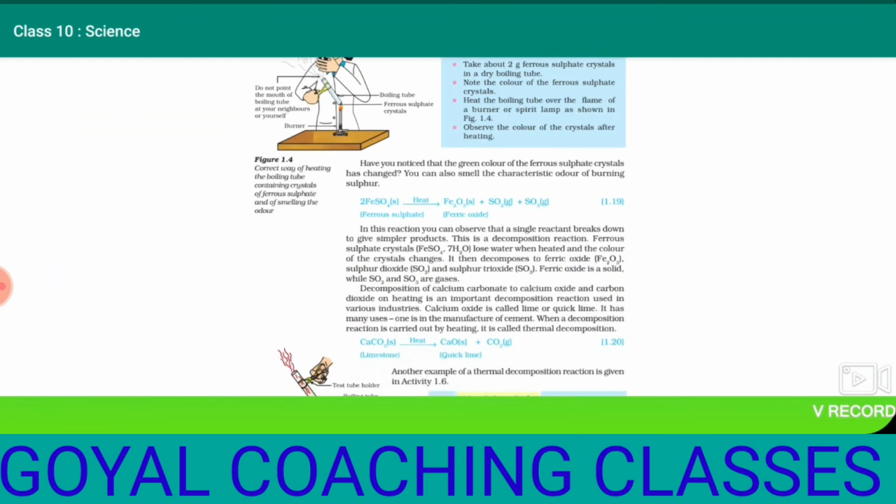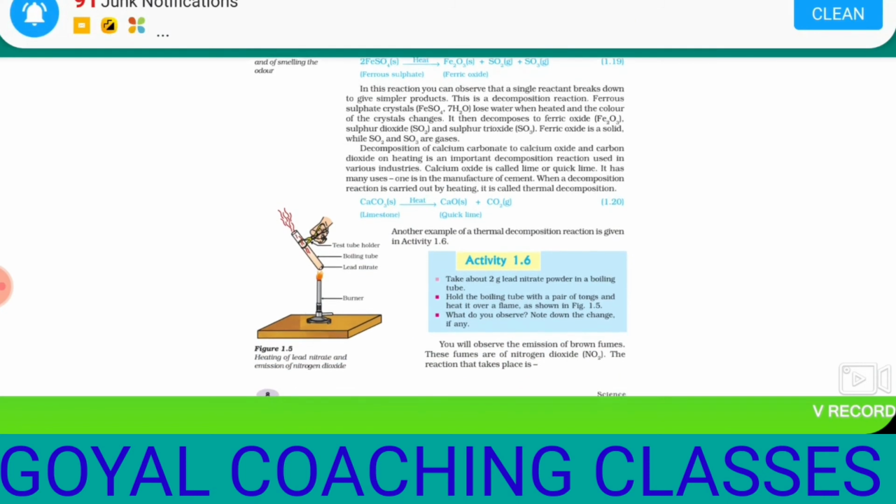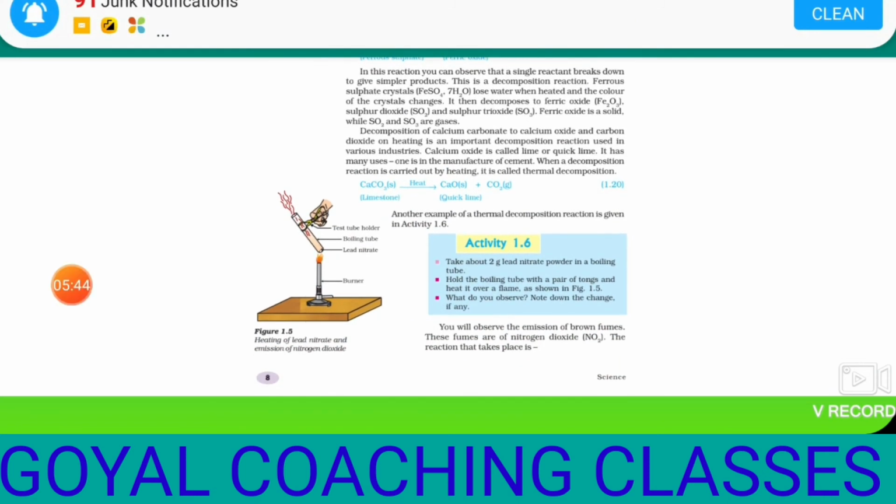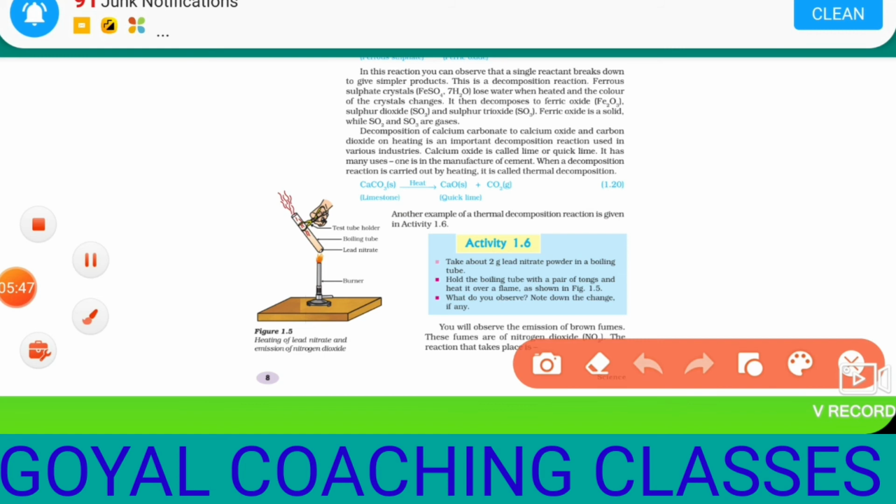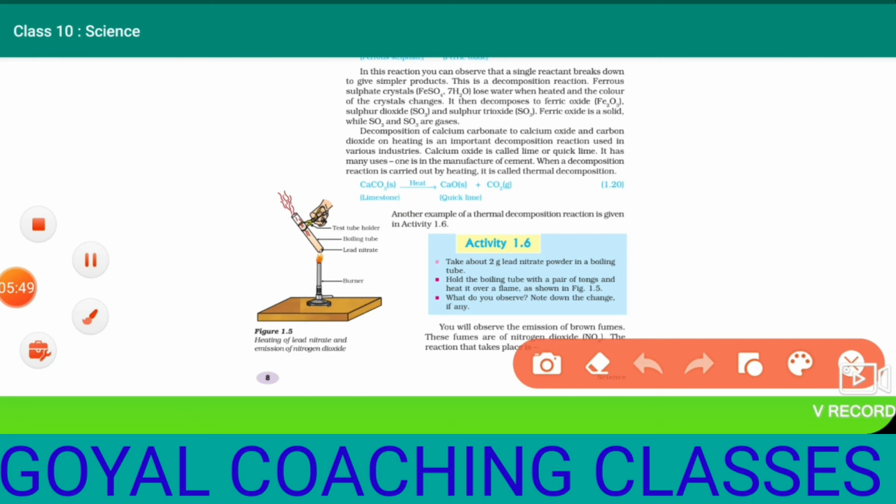Okay students, now after that they have written the same thing: in the above reaction also, a single reactant is broken down into simpler products, and that is why it is called a decomposition reaction. Now they have also given you the formula: ferrous sulfate crystal FeSO4.7H2O, when it loses water by heating, will change to FeSO4, then it will decompose to Fe2O3, SO2 and SO3.